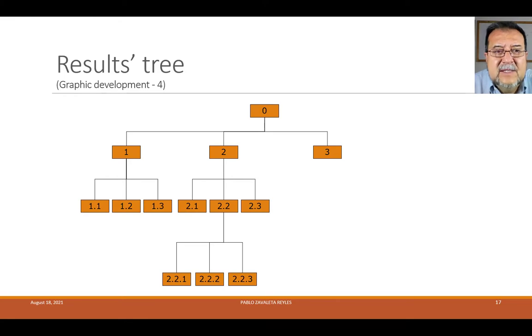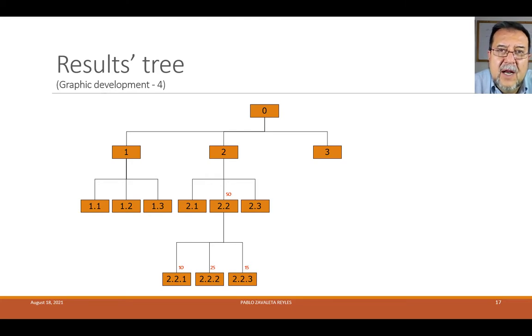And now let's see how we add up the numbers. Let's say that result 2.2.1 costs 10, 2.2.2 costs 25, and 2.2.3 costs 15. Then result 2.2 would cost the sum of its component results, that is to say 50.